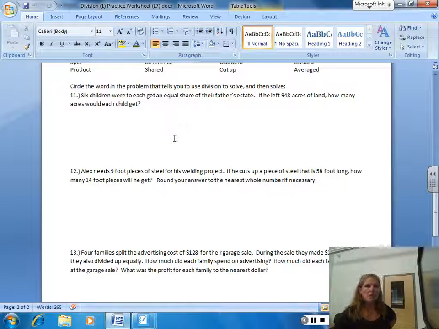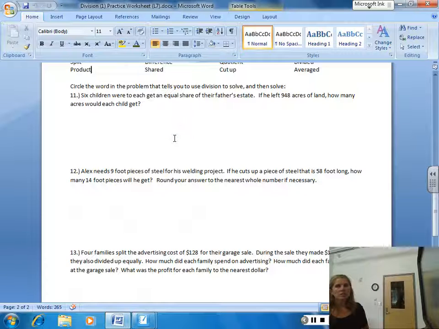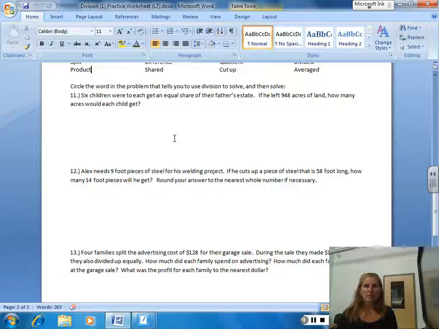Okay. 6 children were each to get an equal share of their father's estate. If he left 948 acres of land, how many acres would each child get? Do you see how it says equal share? Because it's asking you to circle the word in the problem that tells you to use division and then solve.